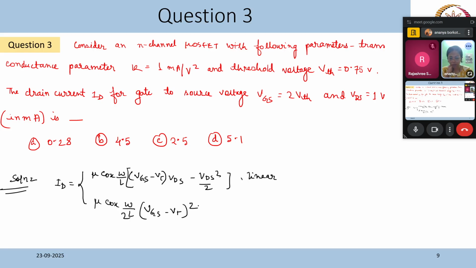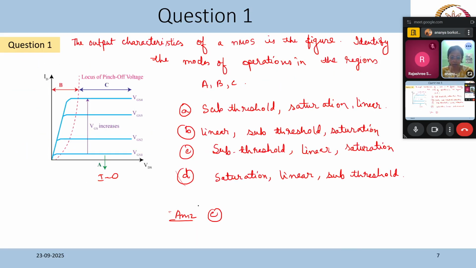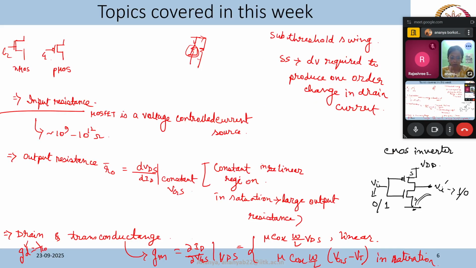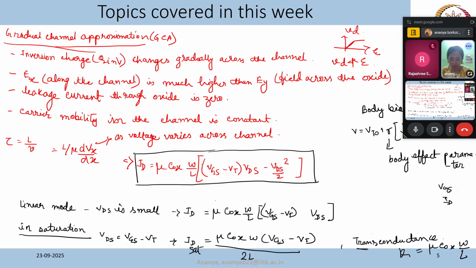Oh, it is actually square. I have written it wrong. Okay, if I make this kind of a mistake, then you please tell me. This is square. This will be (VGS minus VT) square by 2, so there will be this 2 and this is square.